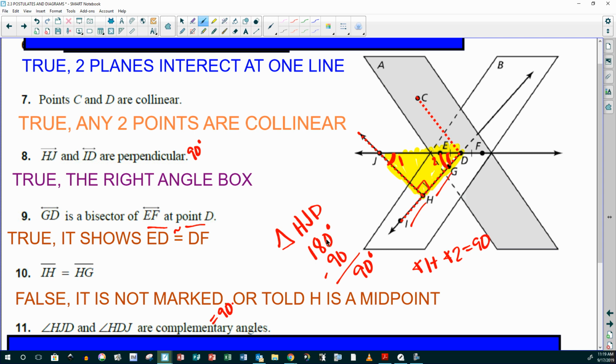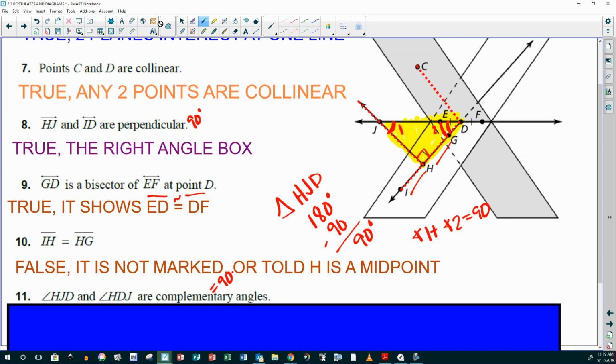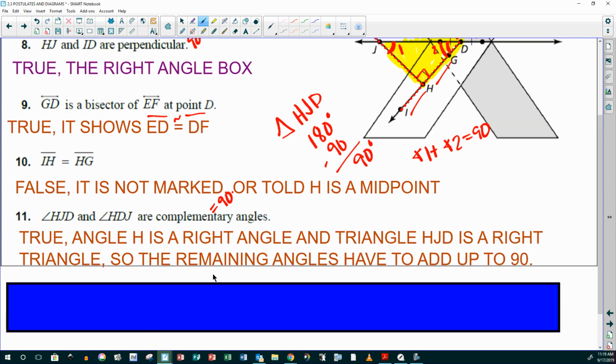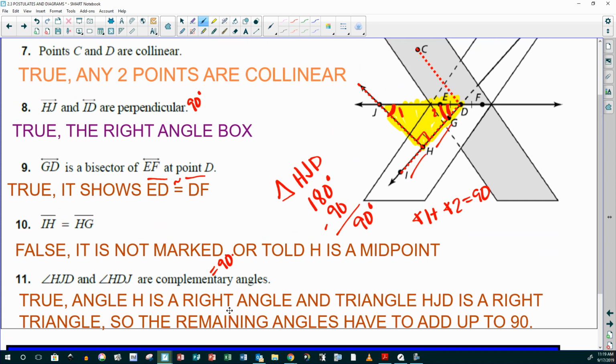So therefore, yes, it is true that angle H is a right angle and triangle HJD is a right triangle. So the remaining angles have to add up to 90. So they are complementary. And that is it for the notes.